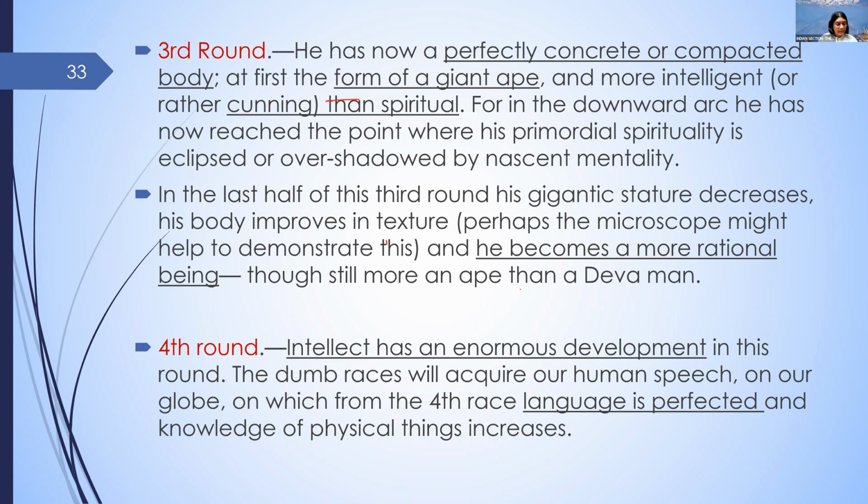Next point. In the last half of his third round, his gigantic stature decreases. His body improves in texture. Perhaps the microscope might help to demonstrate this. And he becomes a more rational being, though still more an ape than a deva form.